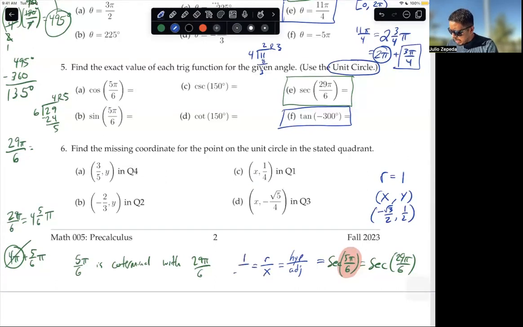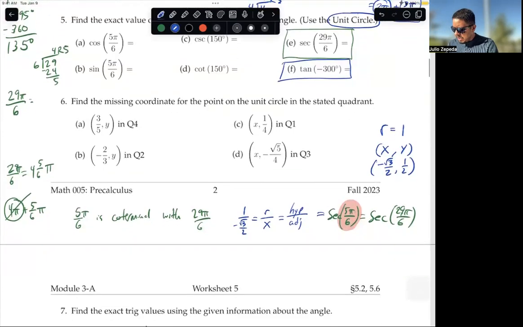X is negative root 3 over 2. The way that we divide by a fraction is to take the first value and multiply by the reciprocal of the second fraction. And so this comes out to negative 2 over the square root of 3, or negative 2 root 3 over 3. That is our answer there.